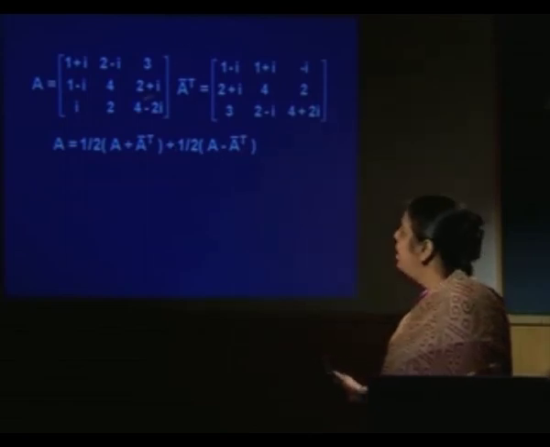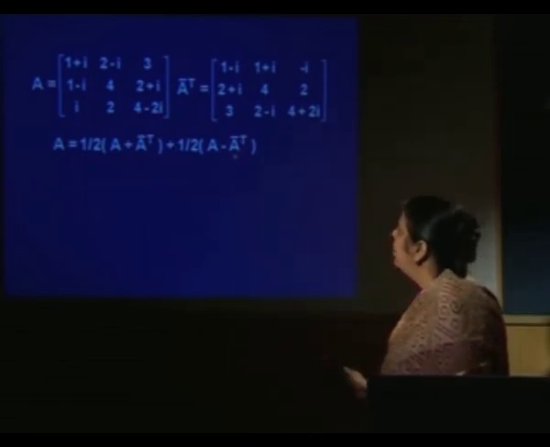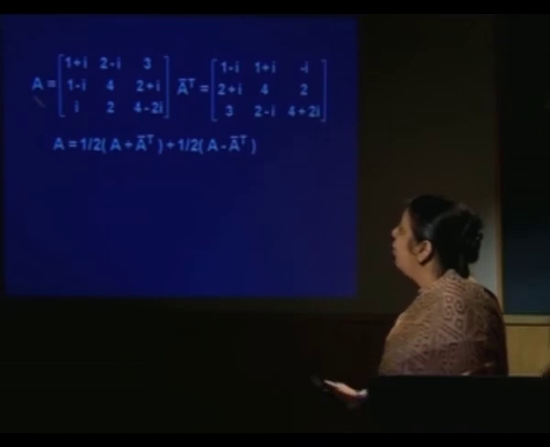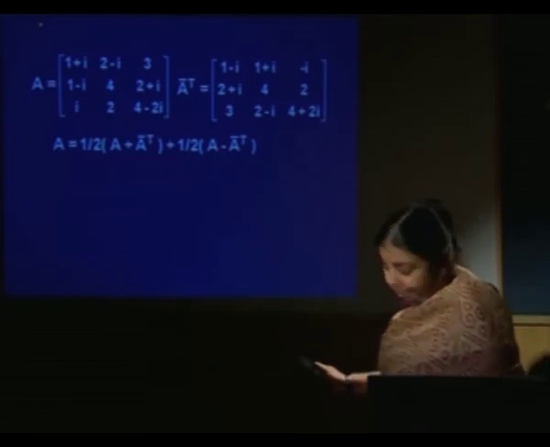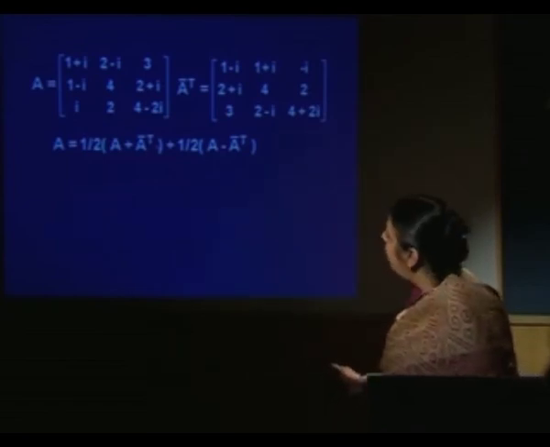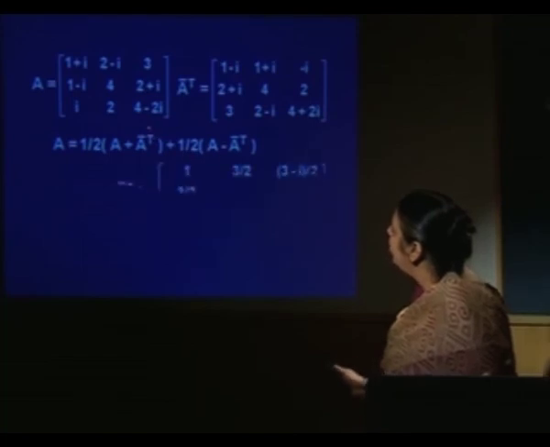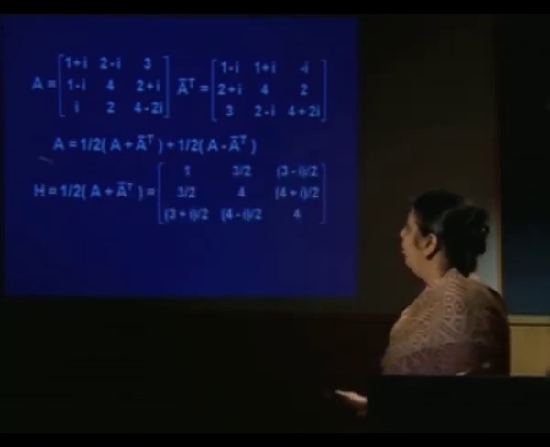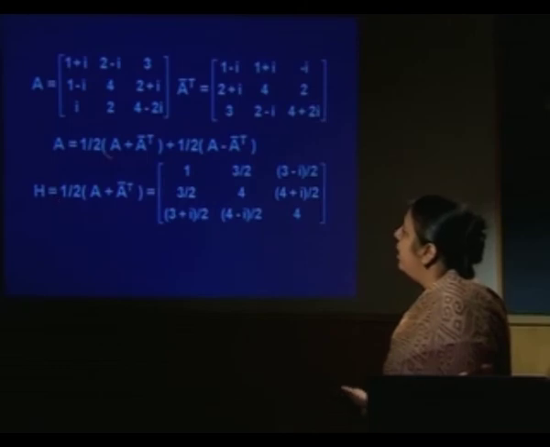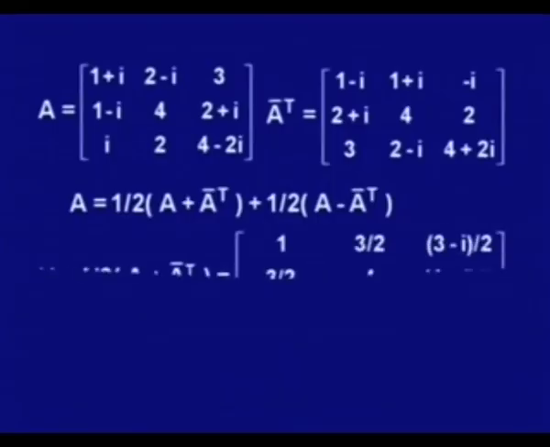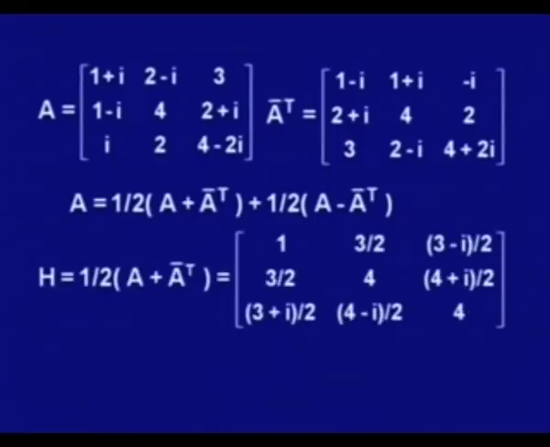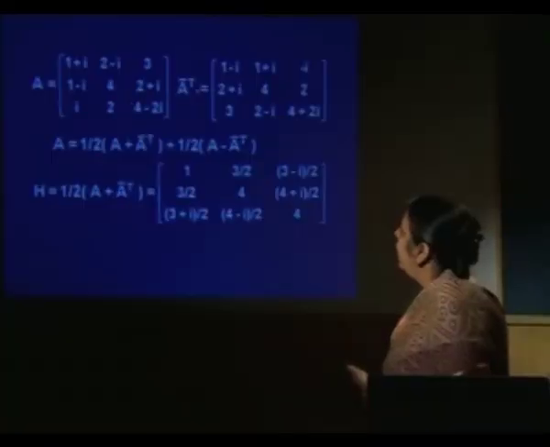So, what I have done is I have added and subtracted this from the matrix A. Now, one can prove that the first part, half A plus A bar transpose, is Hermitian, while this part is skew Hermitian. So, what I do is I take this part as H, half A plus A bar transpose. For given this A, I add A bar transpose and take half of it. So, I have this matrix.